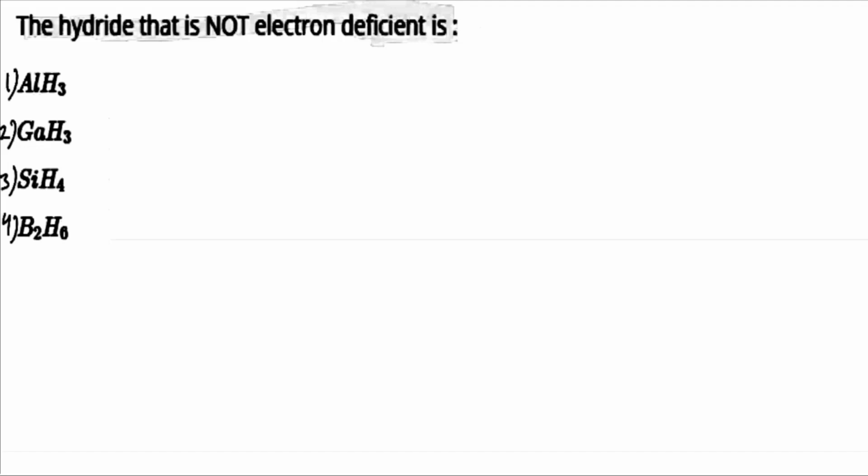In the first option, we are given aluminium hydride. Aluminium has 3 valence electrons, and they are shared with 3 hydrogens, each contributing 1 electron. As you can see, there are only 6 electrons around the central atom, aluminium, which is not 8.